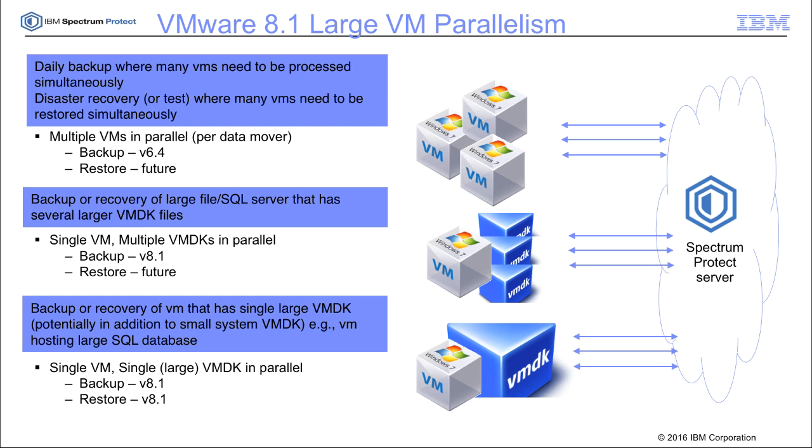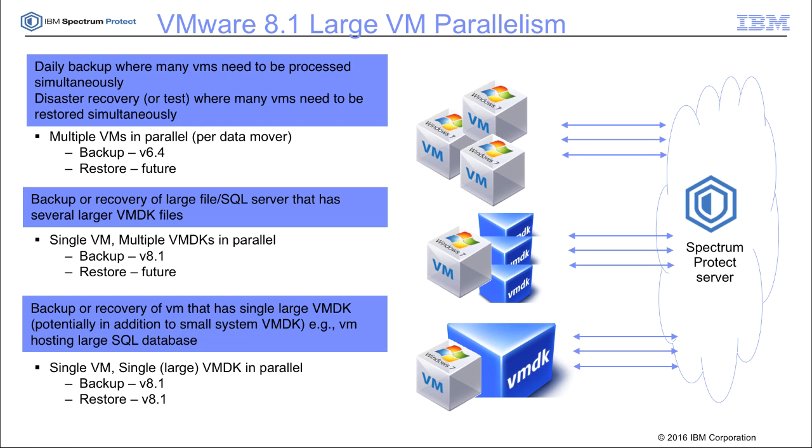Now, from a restore perspective, at version 8.1, what you'll be able to do is get multiple sessions for a restore of a single virtual machine with a huge monster VMDK.